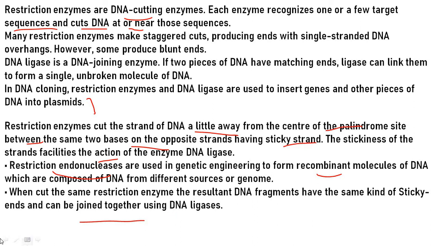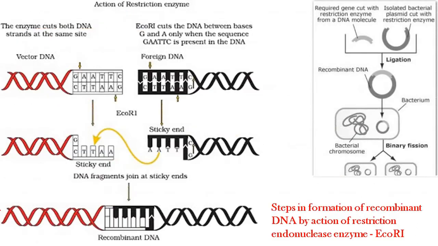As I've told you earlier, they are nuclease enzymes. There are two types of nucleases: one is exonucleases and one is endonucleases. Exonucleases cleave the DNA or RNA molecule from the ends only. Suppose this is the DNA molecule.